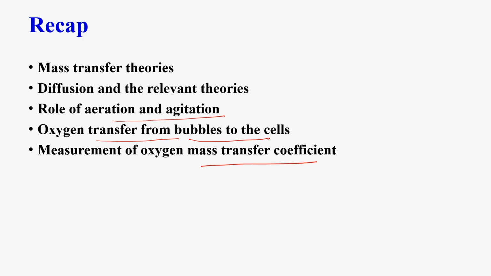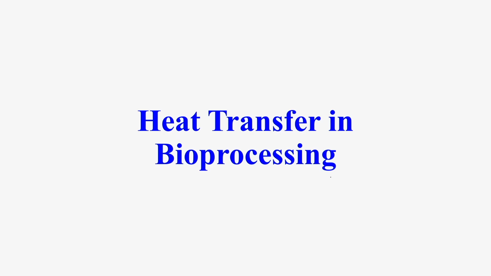what the different components of mixing are, including impeller, baffle and propellers, and then we discussed power requirement with gas systems and ungassed systems. Now today we will be discussing the first topic, that is heat transfer in bioprocessing.